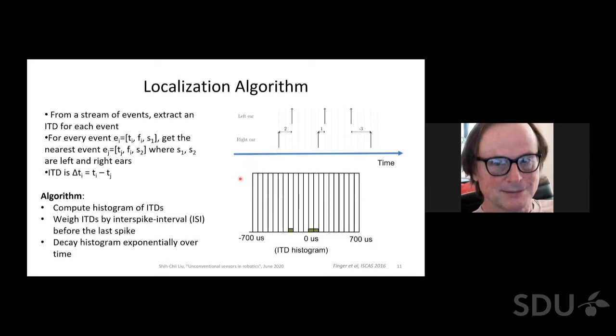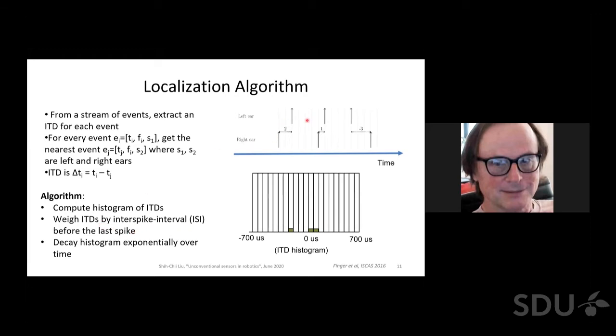Right, and so what you do next is that you compute the histogram of ITD. So here I show a histogram going from -700 microseconds, which is kind of towards the left extreme of what the ITD is for the spacing between our ears, and 700 microseconds on the other side. And for every ITD that we get, we weigh by the interspike interval before the last spike.